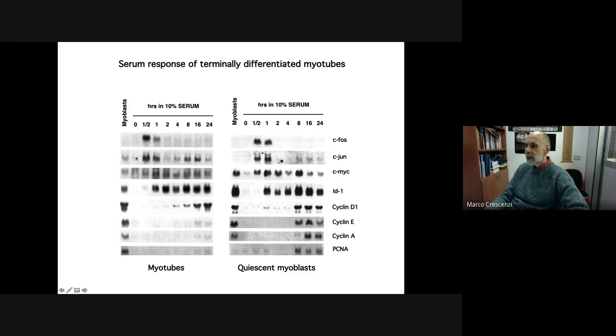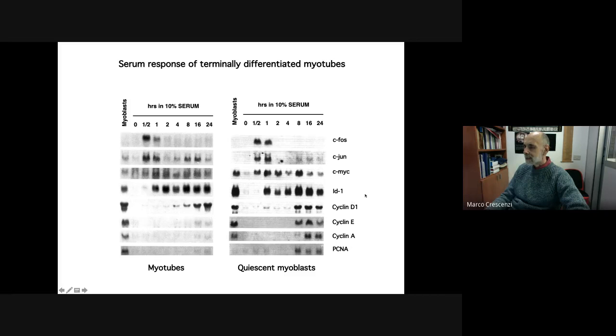We have 2 peaks of expression of c-Jun. We have 2 less well-defined peaks of expression of c-Myc, 1, 2, 1, 2. And once it is initiated, the expression of Id1 or cyclin D1 stays on in both cell types.